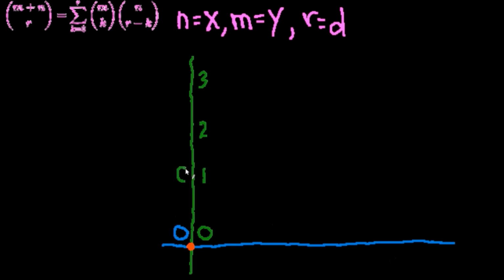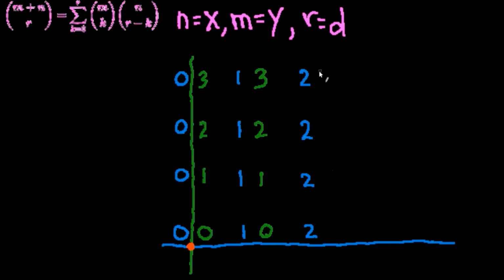So for each point, above each point, let's write x in blue and y in green. So these pairs of numbers that I'm writing out right here are the m plus n of the upper argument on the left-hand side of the original equation, and now x plus y. And that's all it is.